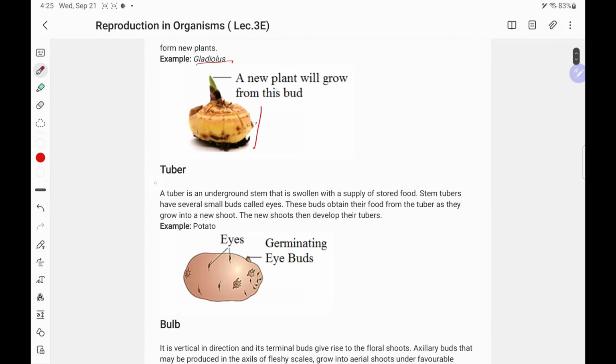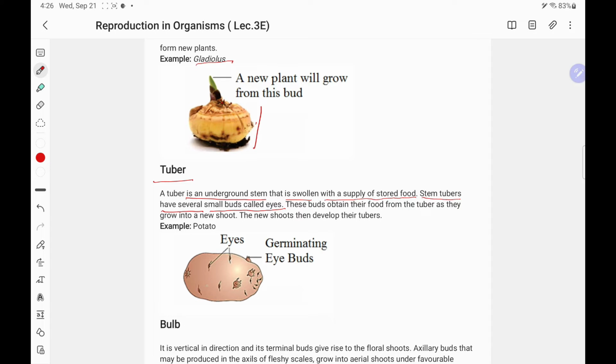Next is tuber. A tuber is an underground stem that is swollen with a supply of stored food. Stem tubers have several small buds called eyes. We can see this in the potato, which is used daily as a vegetable in our kitchen.